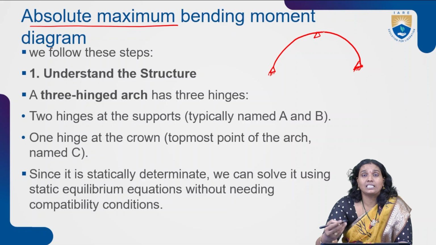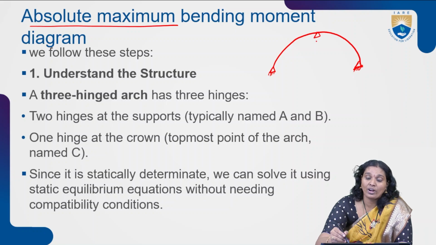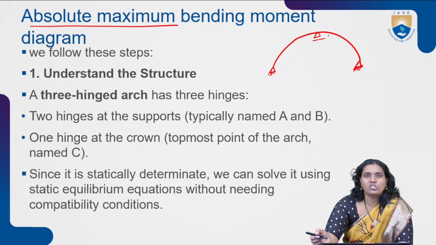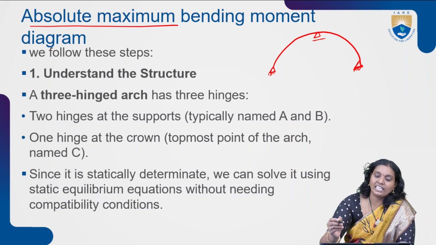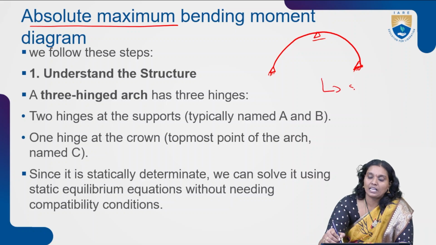It is independent of whether the shape is parabolic, circular, or whatever it may be. Whenever we have three different hinges, one at the starting end, one at the other end, and one more at the crown, such a type is known as a three-hinged arch. Two hinges are at the supports and one hinge is at the crown. So it is a statically determinate structure.